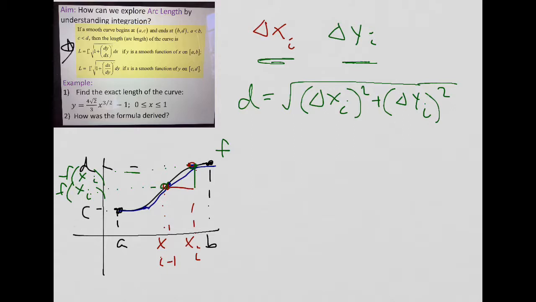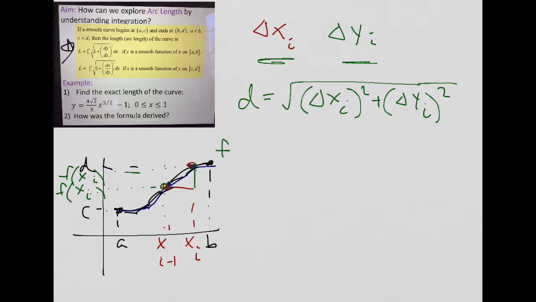Now we have a whole bunch of these that we keep using along the way, and the more that we have, the better approximation we end up with.